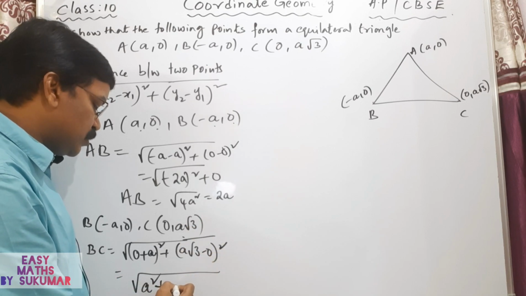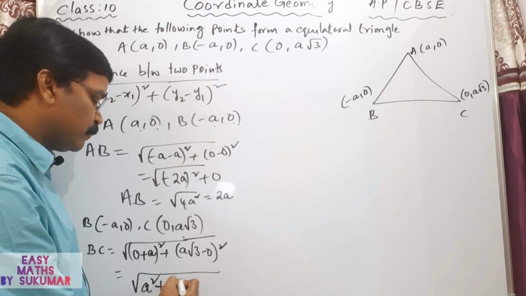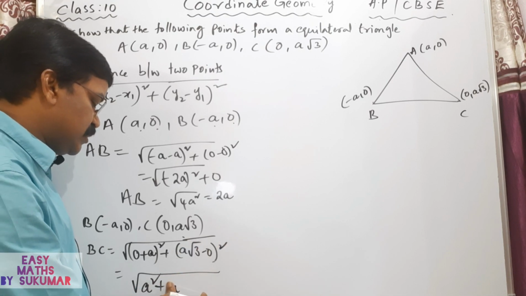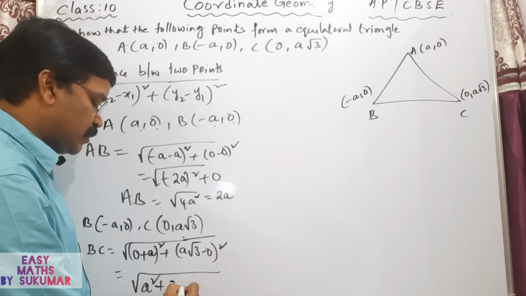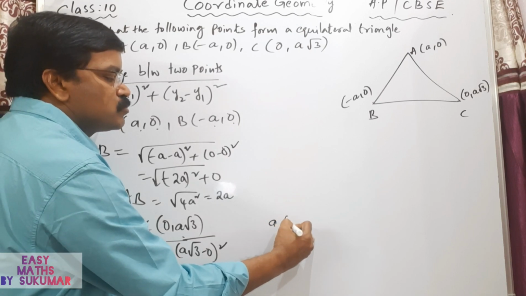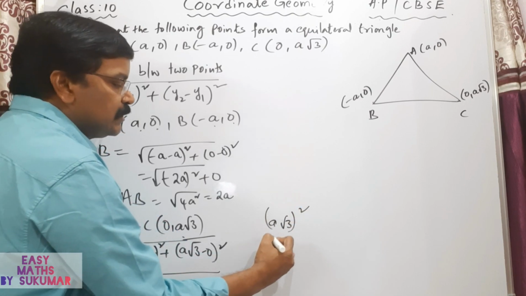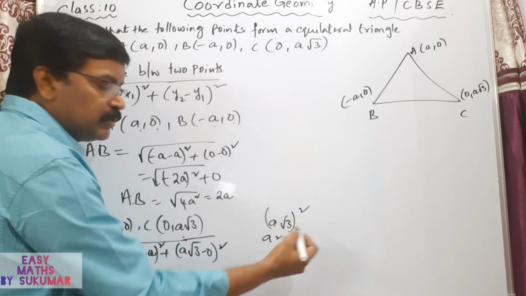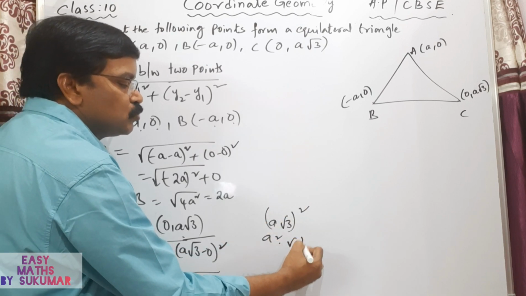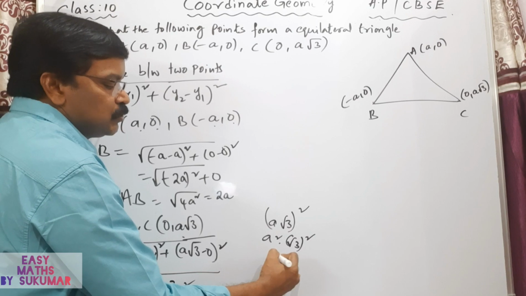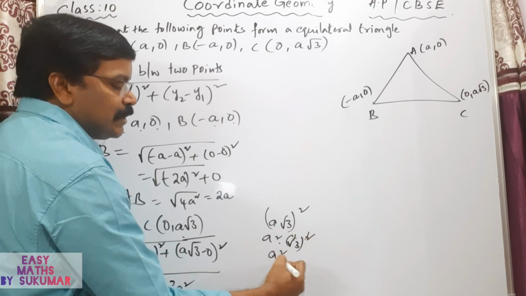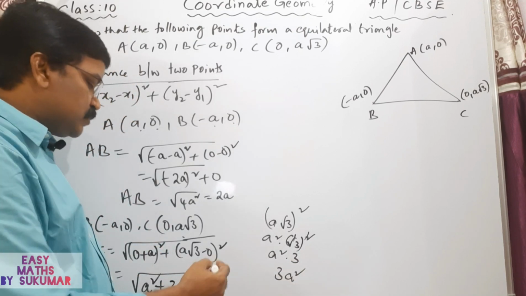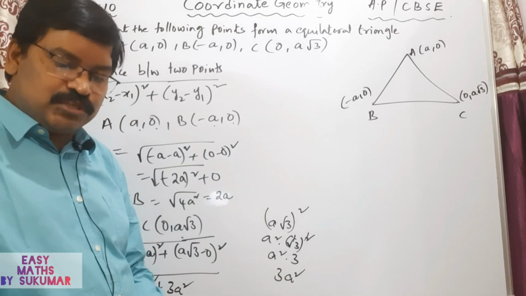So a root 3 whole square means the square is applicable for both a and root 3, that means a square into root 3 whole square. Square and root cancel, so that is 3, that means 3a square. So a root 3 whole square is 3a square.